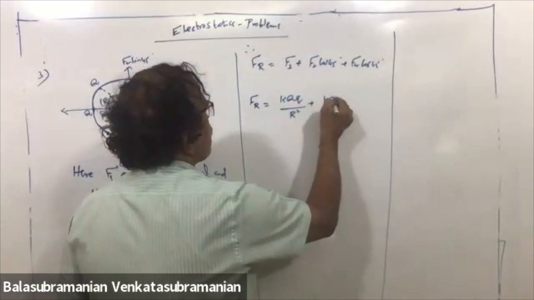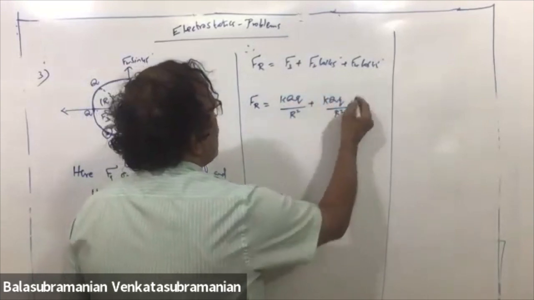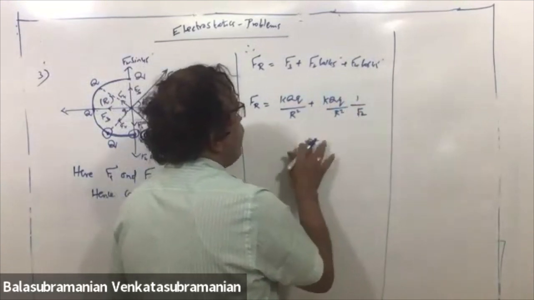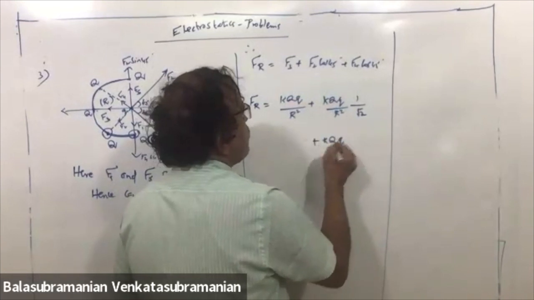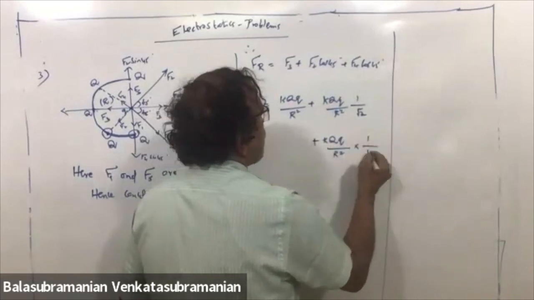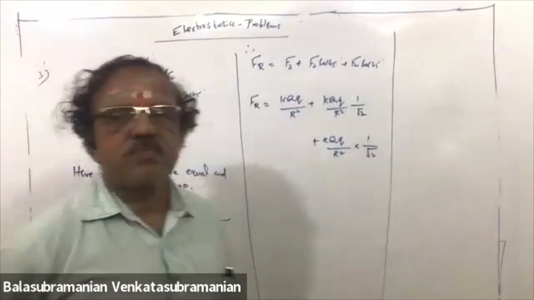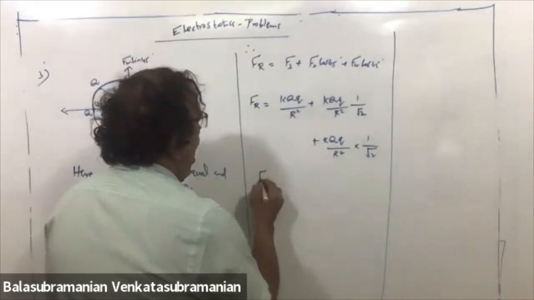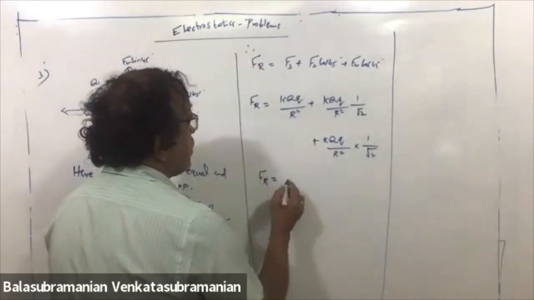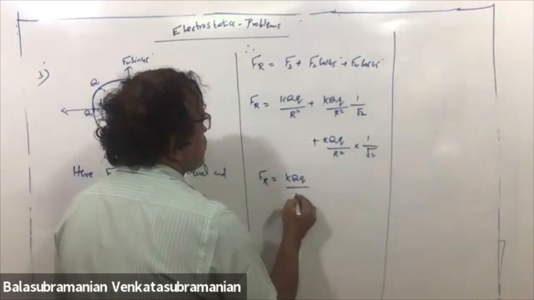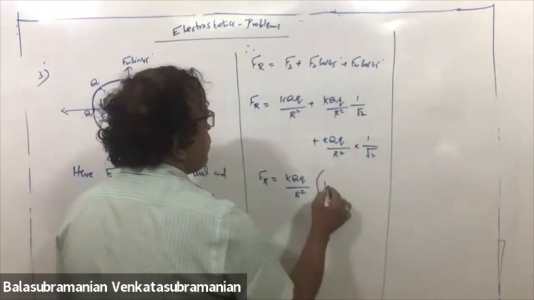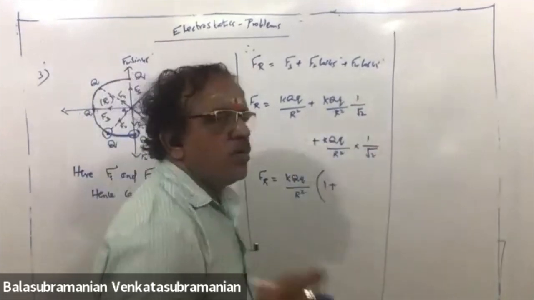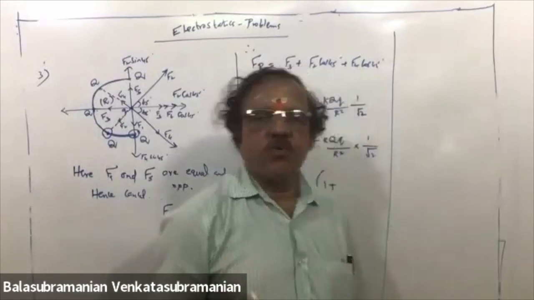F2 is KQq by R square, cos 45 is 1 by root 2, plus F4, that is also KQq by R square, cos 45 1 by root 2. Fr is equal to KQq by R square, you take it common, 1 plus 1 by root 2 plus 1 by root 2, 2 by root 2. 2 by root 2 is nothing but root 2.